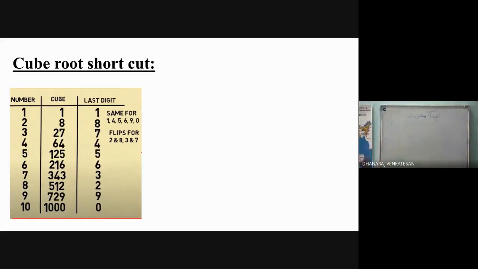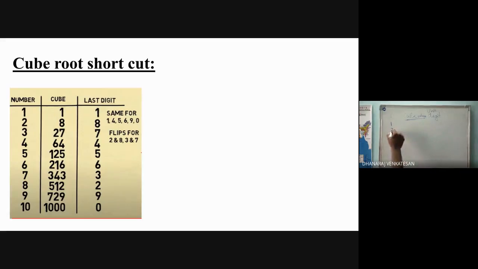It is 1, 2, 3, 4, 5, 6, 7, 8, 9. I will teach you how to memorize this unit digit alone. Cube values you have to somehow memorize.